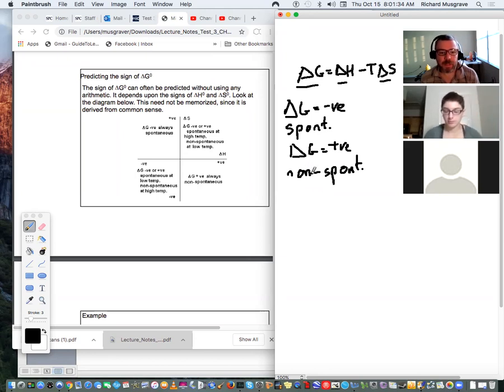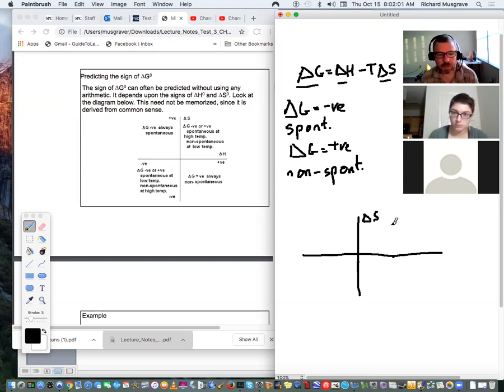So what we can talk about here is this relationship between the signs of delta H and delta S and how that plays into the sign of delta G. This is not a diagram you have to memorize. It really is based on common sense and a little bit of math.